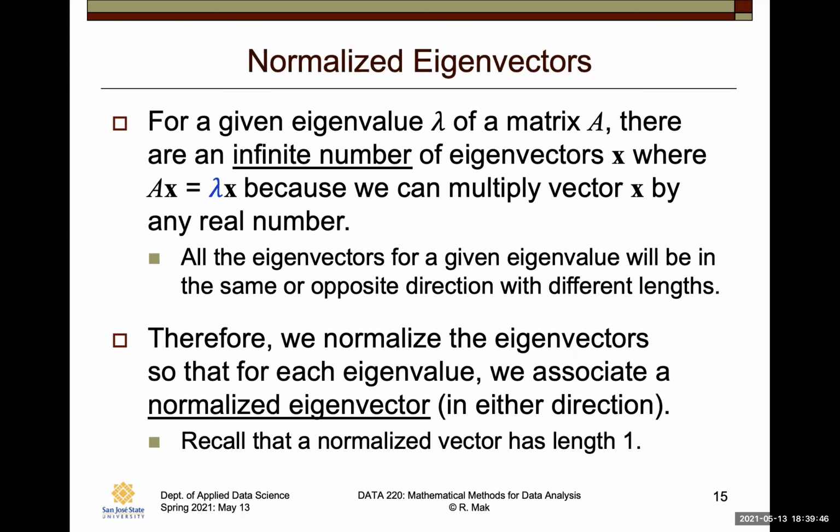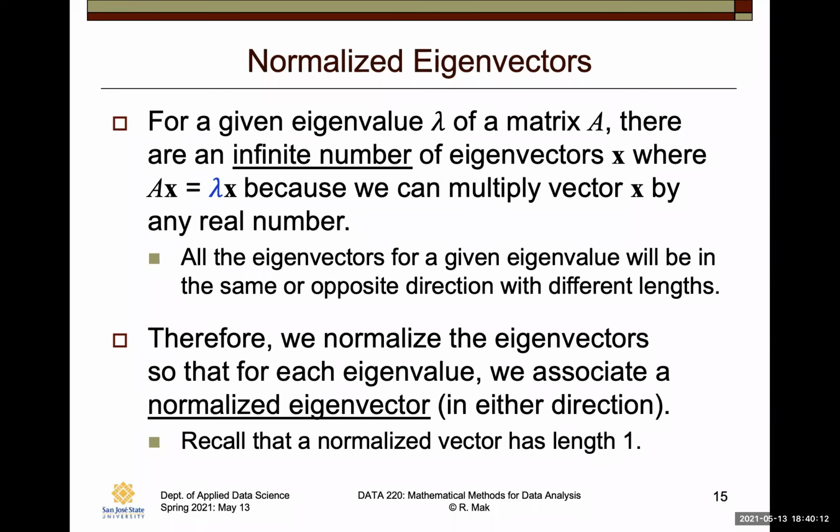So what we're going to do is normalize the eigenvectors so that there's only one of them, though it can go in either direction. Instead of having an infinite number of them, you can say, I want the normalized eigenvector.